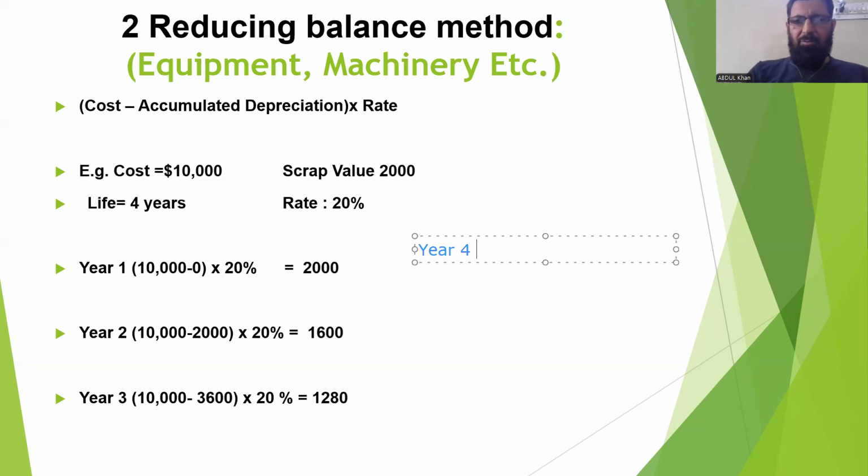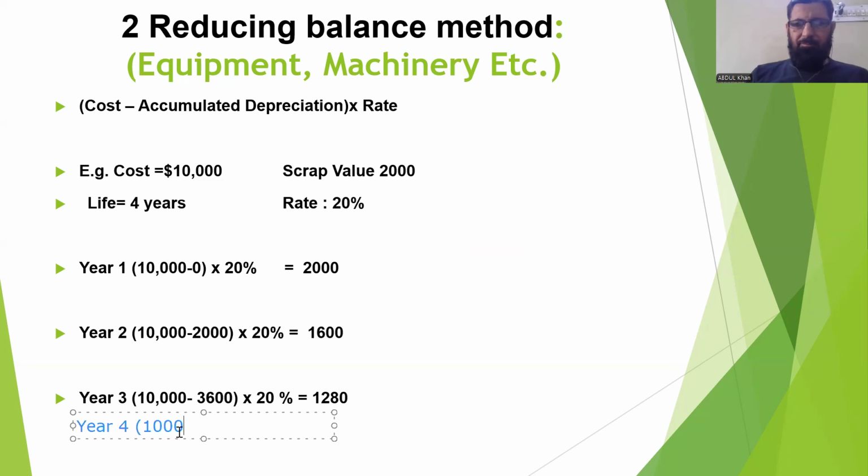What you have to do? You have to write 10,000 for year four. I can just put it here, so year four, 10,000.